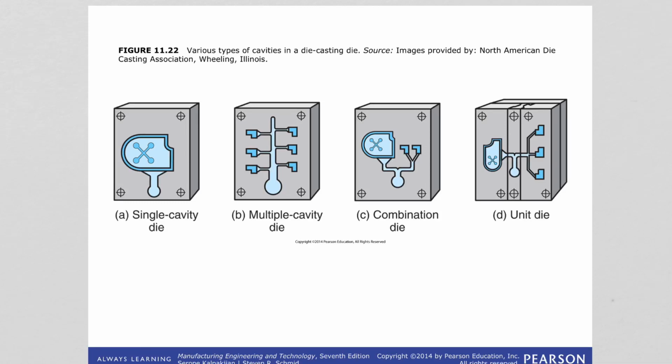I should mention that in die casting, the molds are made of tool steel, mold steel, maraging steel, and tungsten and molybdenum with good refractory qualities are also used. And dies can be single cavity or multiple cavity, as you've seen in these images.